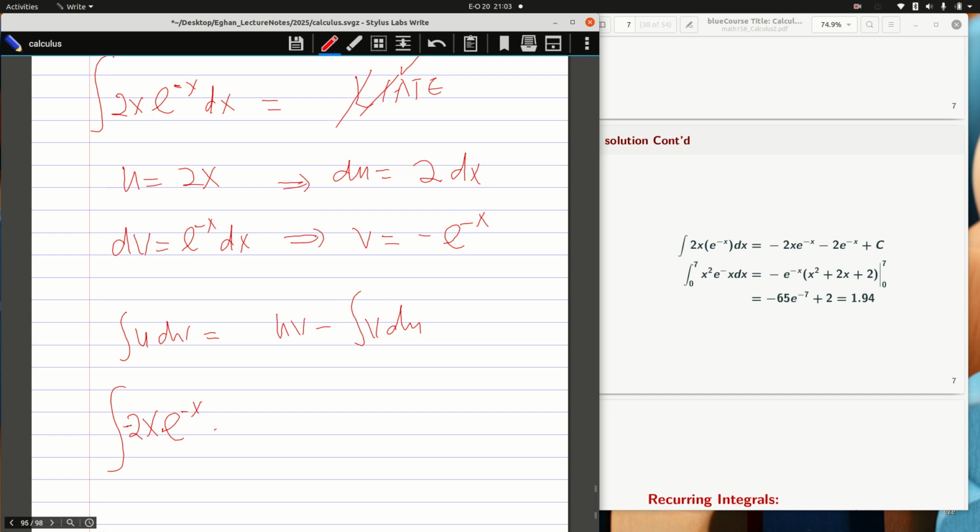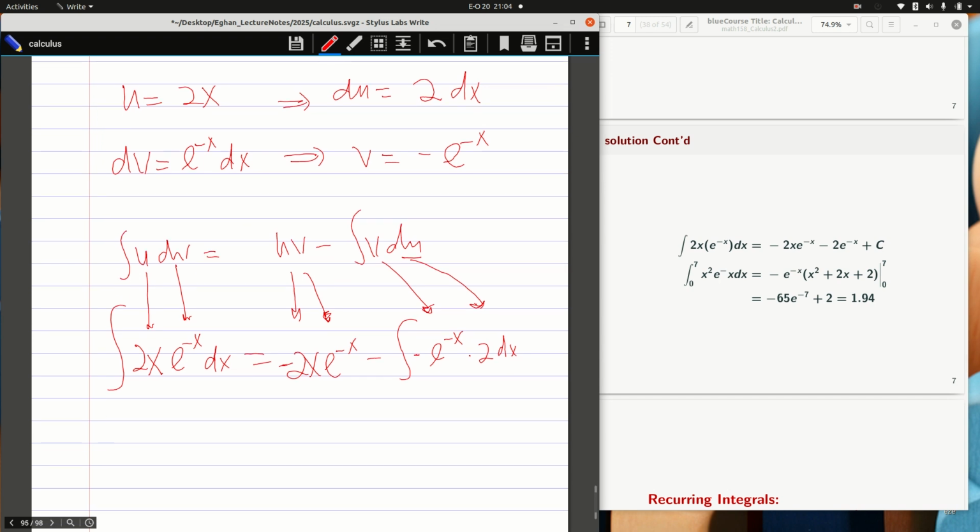What have I missed? I think I've missed something. I always make wrong choices. So for 2x e to the negative x dx, u is 2x, and then v is negative e to the negative x, minus the integral of v du, where du is 2 dx.